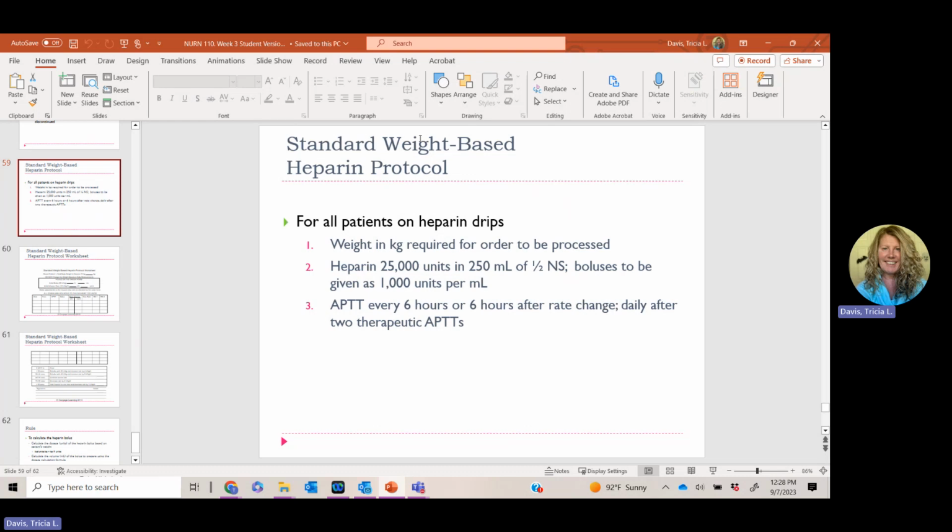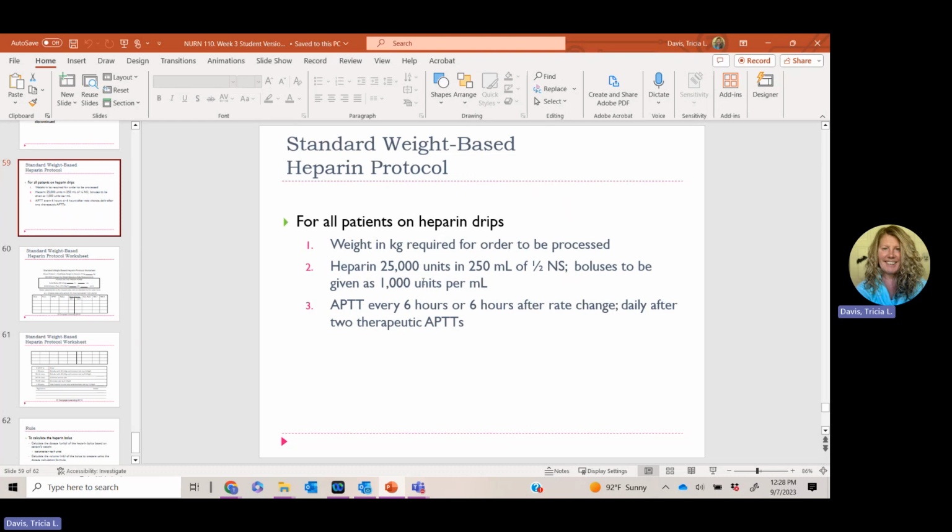So we're going to look at these APTTs every 6 hours until the patient has therapeutic results twice. If that APTT comes back and it's still low, not close to that therapeutic range, we might have to rebolus, kind of like what we talked about a couple slides ago. We give that in 1,000 units per mL.